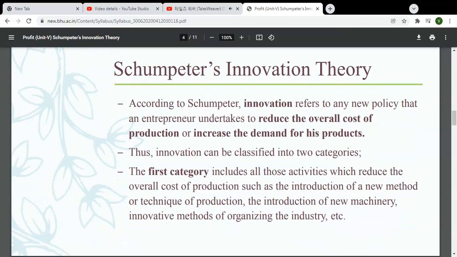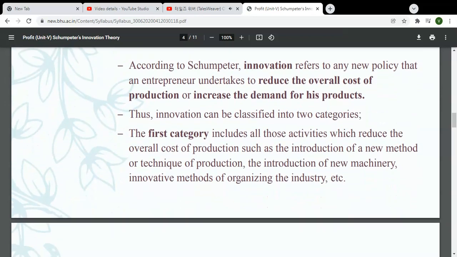Then further, there are some details. What is innovation? It is any policy that an entrepreneur undertakes to reduce the overall cost of production or increase the demand for his products. So if you take a product and make it more attractive to the consumer, then your demand will increase. That is part of the policy.